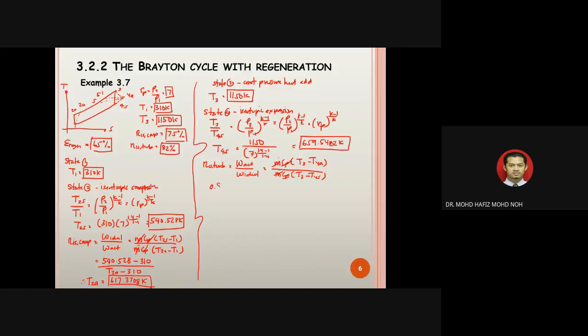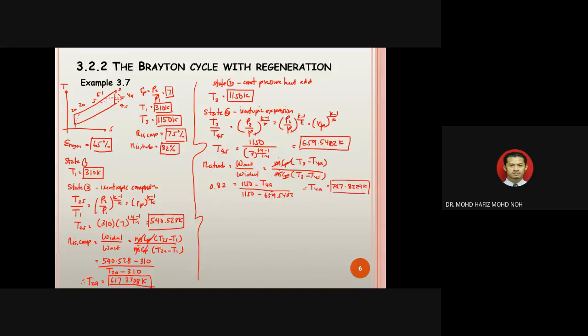Here is 0.82, and then T3 is equal to 1150, T4 actual is the parameter that you want to search, 1150, T4S is 659.5402. So you get the value of T4 actual, which in this case is 747.8229 Kelvin.